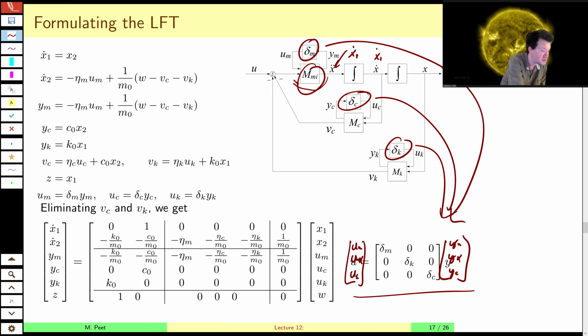So x1 dot equals x2 through integration.